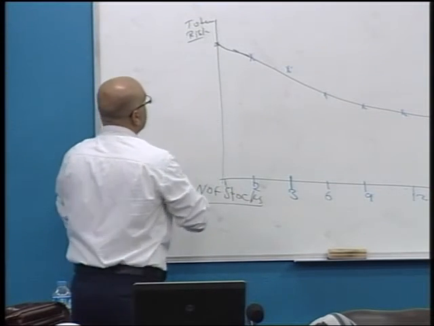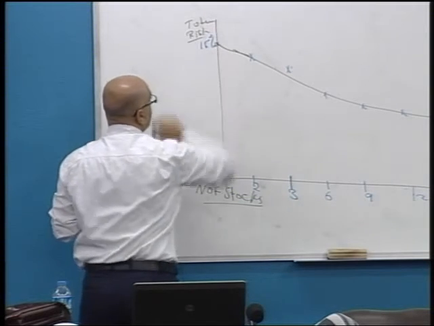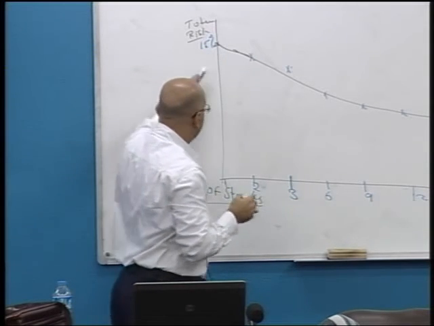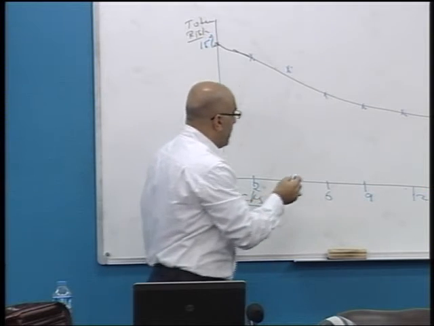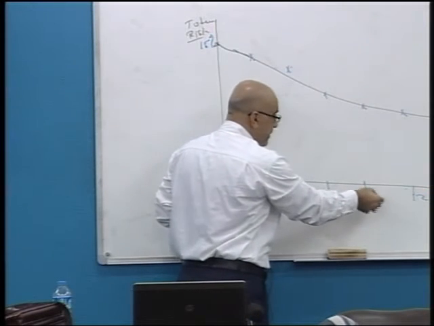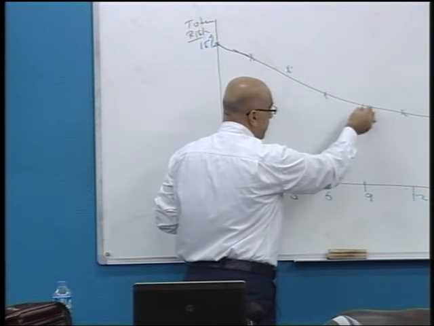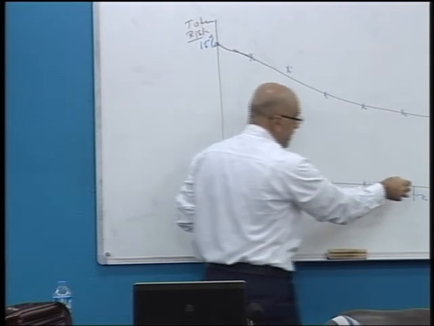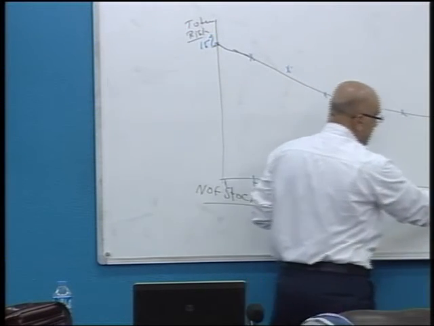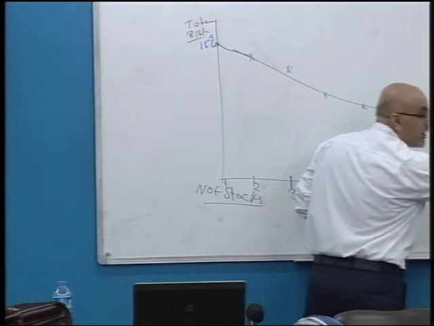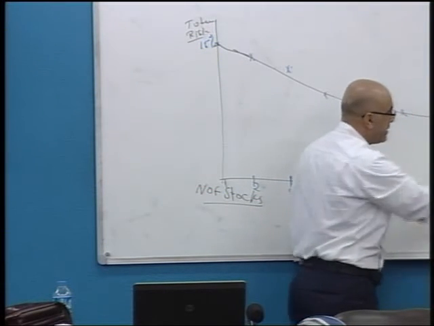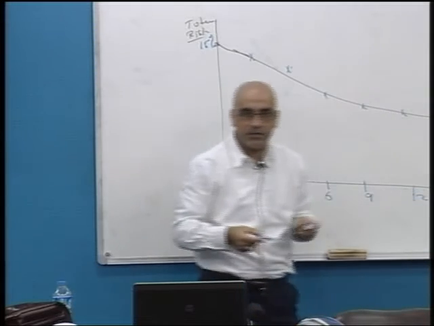Let's say this return is 15%, or this risk. If we invest in 9 stocks, the risk decreases. 12 decreases, 50 decreases, and then there is no change. If we add new stocks, there's very, very little change.